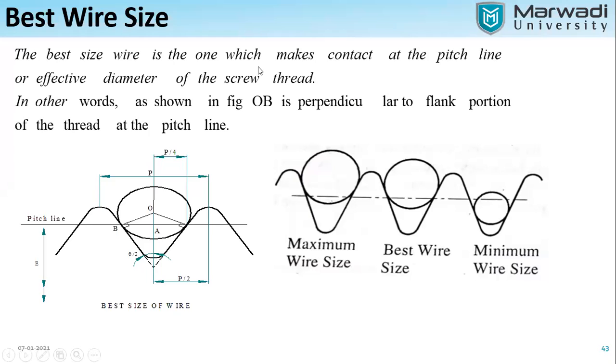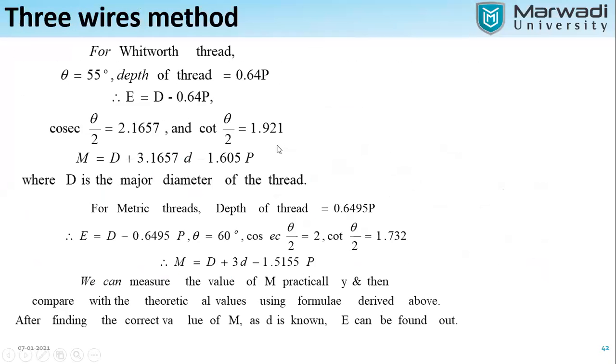Then next, we have seen this. Remember the points about the Whitworth thread and the metric thread, as we have discussed, like what is the effective diameter formula and what is the dimension over the wire formula.